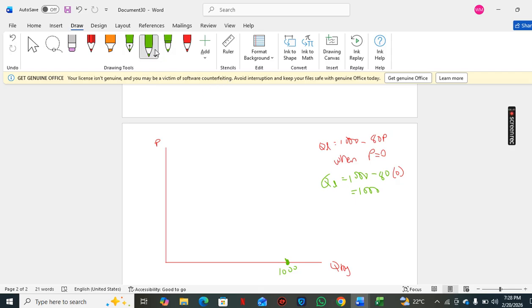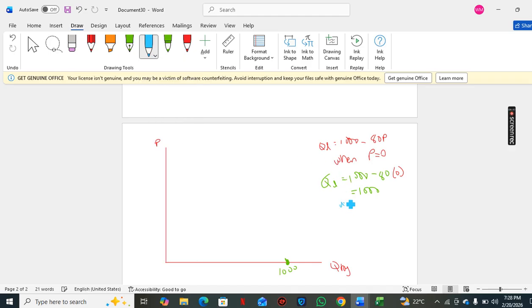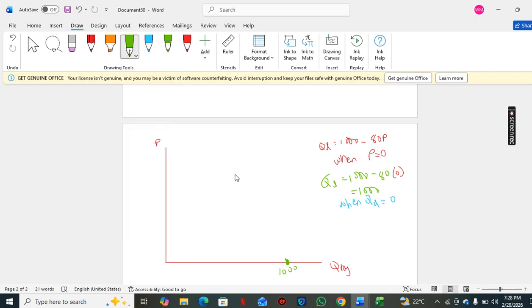Then to find the next point, you just say, when QD equals 0, what is the price when quantity demanded is 0? Our quantity demanded function, QD, you replace it with 0, so it says 0 equals 1000 minus 80P.